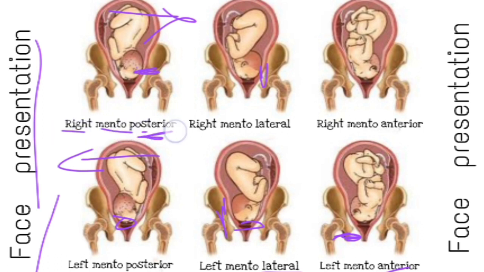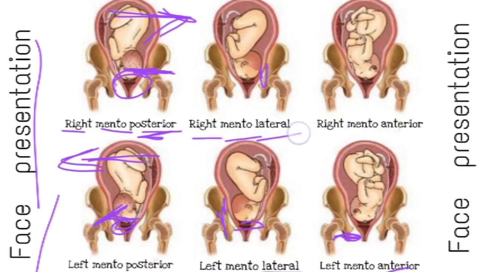Right mento posterior: right side, the face is visible, mento, and the head is almost facing upwards, posterior, right mento posterior. The same way, here the baby's left side, mento is visible, and the head is facing upwards, posterior position, left mento posterior.